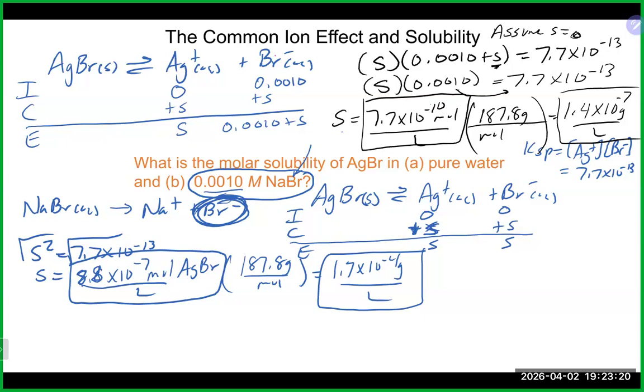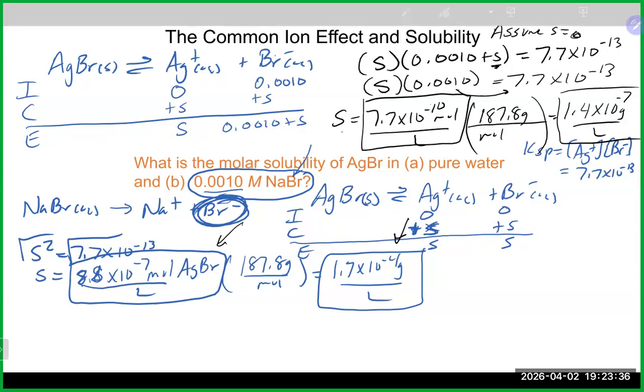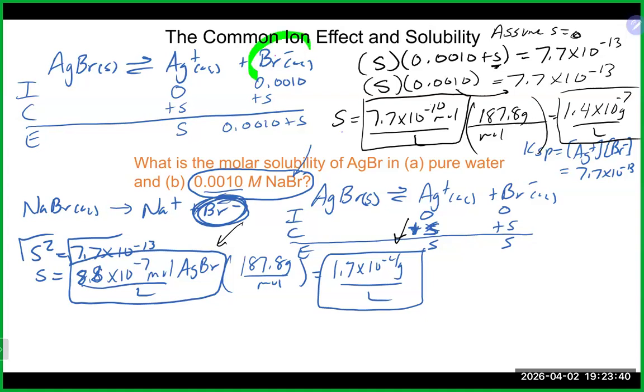What do we see here? Which one is it more soluble in? It is more soluble in water, yeah? Smaller negative exponent, larger number, right? So it is more soluble in water. And that is because of the common ion effect. Le Chatelier's principle basically says we added more of this, going to cause the equilibrium to shift to the left. And that's going to keep it together and not make it as soluble.